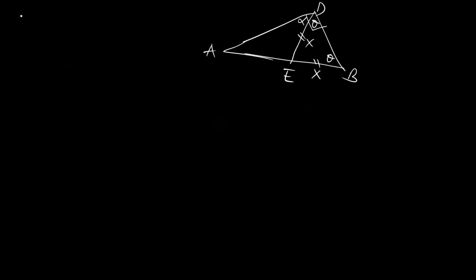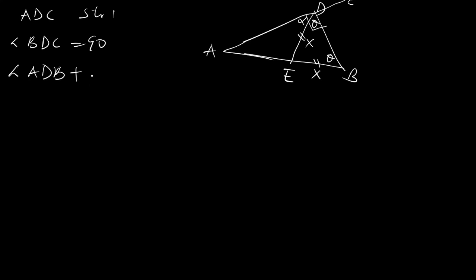Since ADC is a straight line, and let's say here is C, since angle BDC is 90, an angle on a straight line, it implies that angle ADB plus angle BDC is equal to 180.